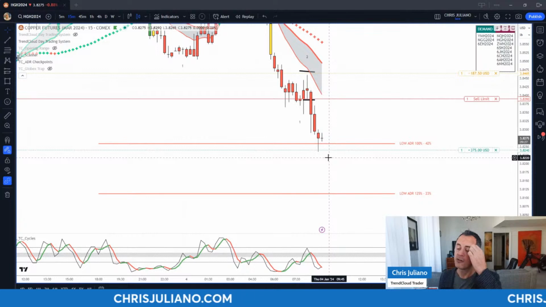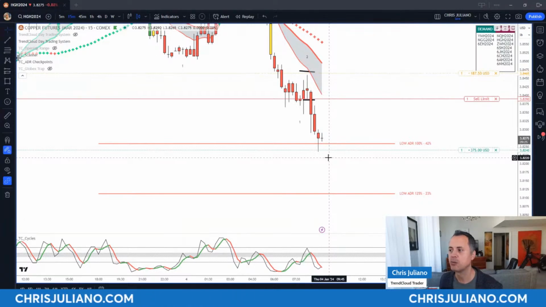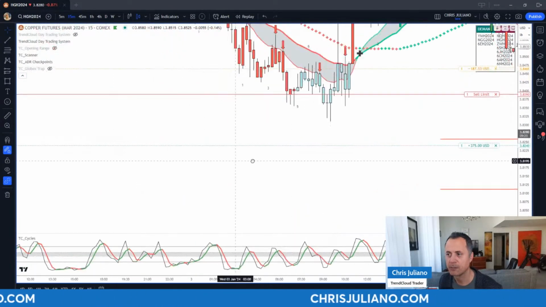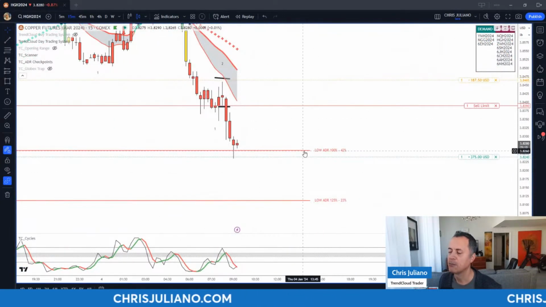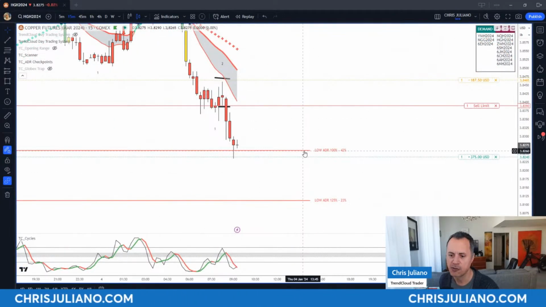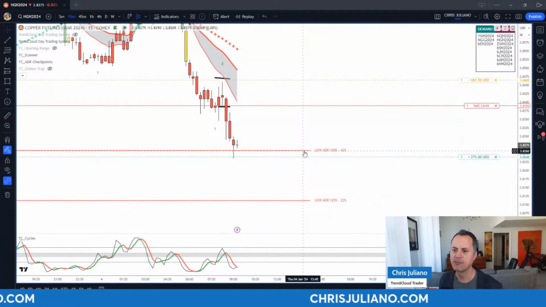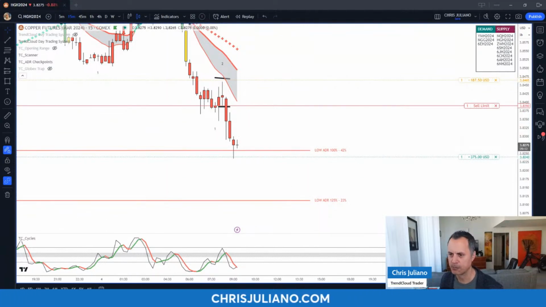Because if you're just using structure to take targets, what if there isn't any? That's why I added the ADR checkpoints. ADR stands for average daily range.